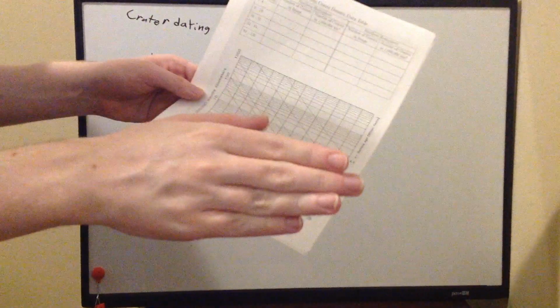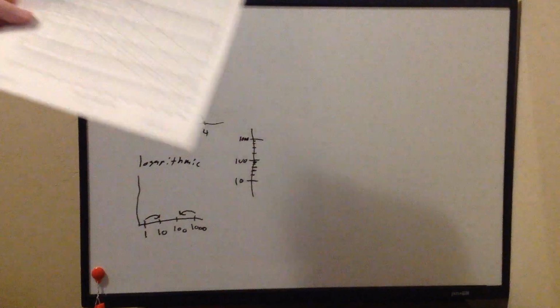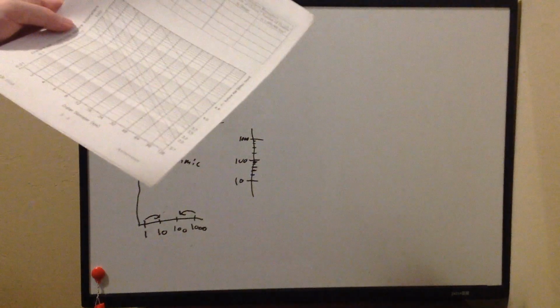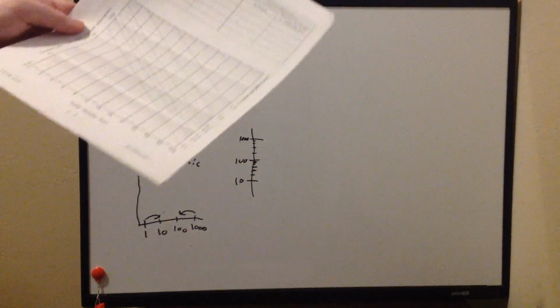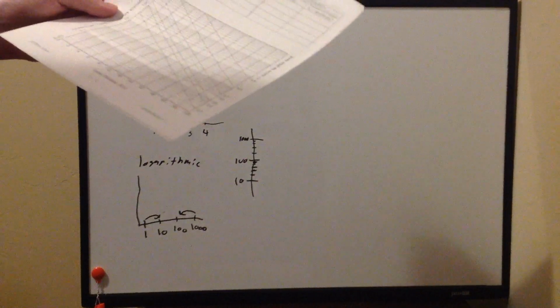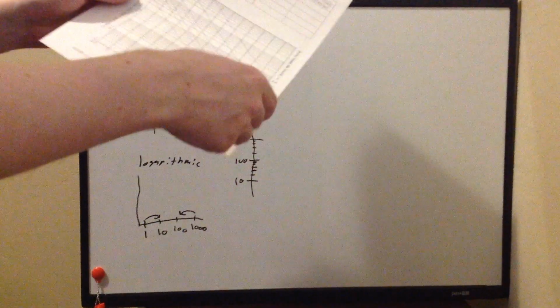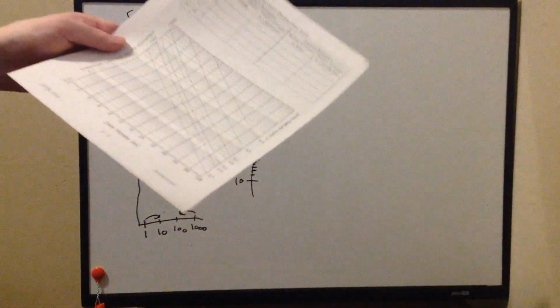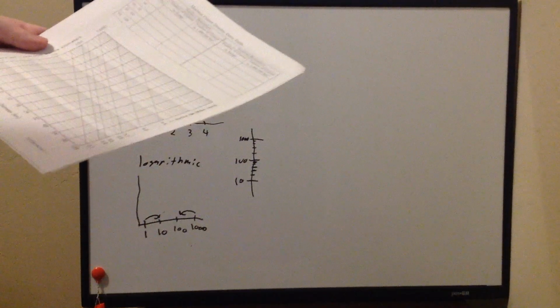Not exactly like the 3 line, but something pretty close. So that's what these mean. They're like really well-educated guesses for what the lines of surfaces of various ages might approximately look like.